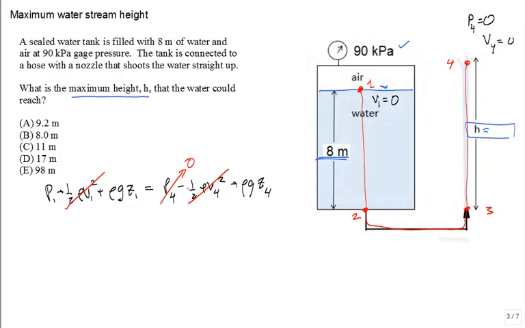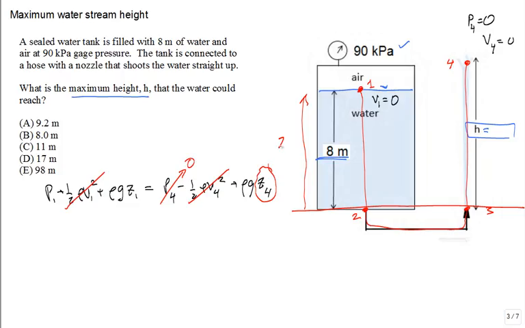And now you take a look, and we can solve for that maximum height, Z4. In this illustration, we're going to start measuring elevations from the base, because that's where they measure the water level coming up.